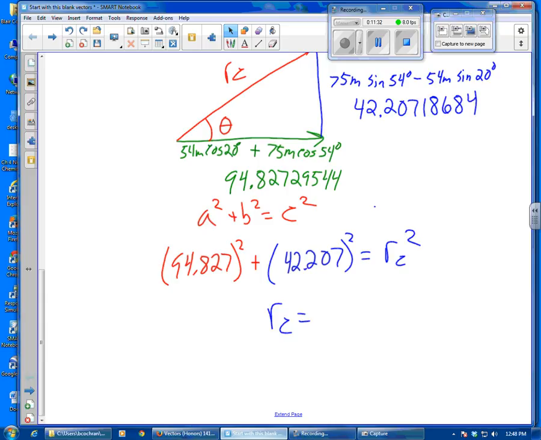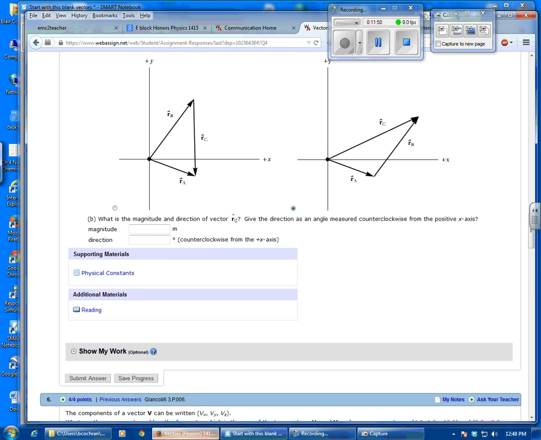Well, C is the magnitude. Well, no, that's the most common mistake on a problem like this. You forget to take the square root. So I get 104. Is it meters? Is this all in meters? Meters.